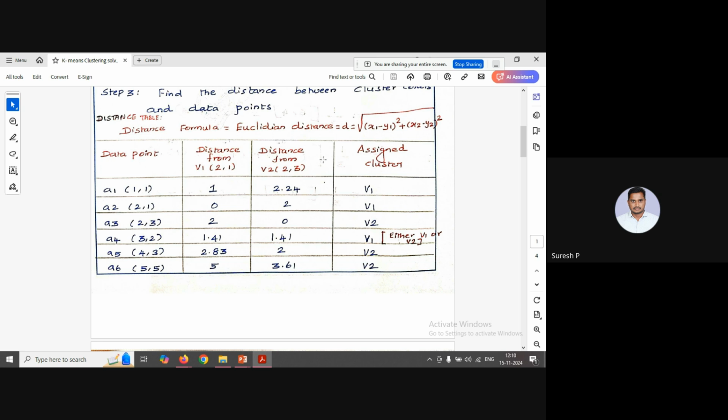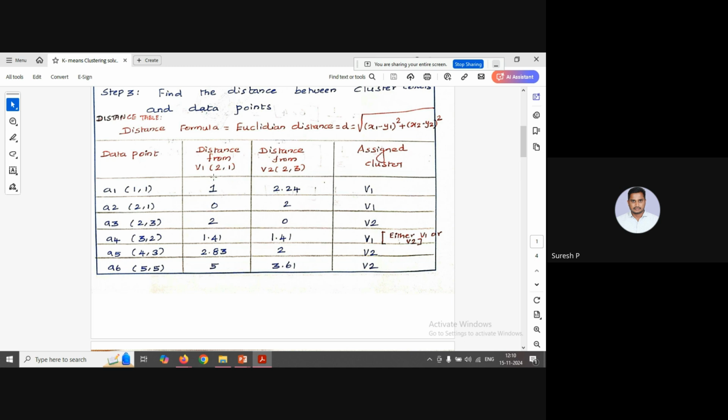And again, there is the other cluster center. So now assume that A1 has distance 1 from the first cluster center and 2.24 from the second cluster center. Which one is the minimum? 1 is the minimum, so A1 will be added in cluster 1. Is it clear?